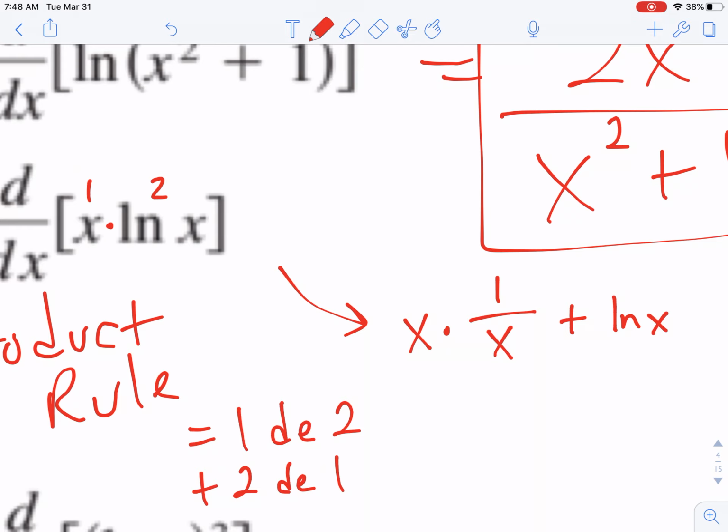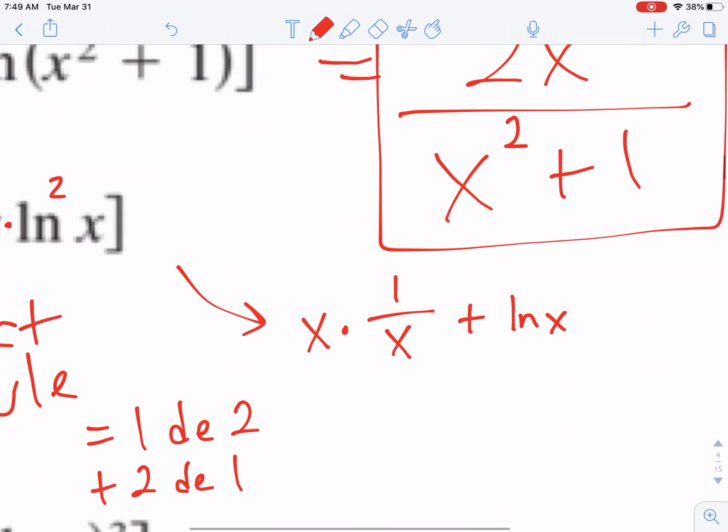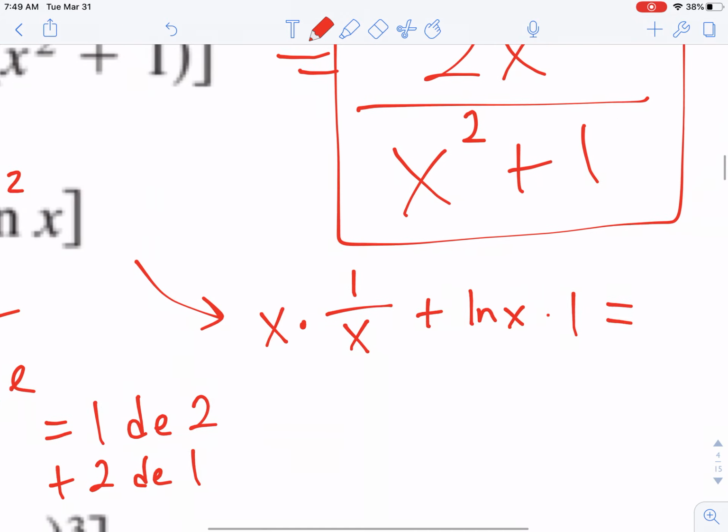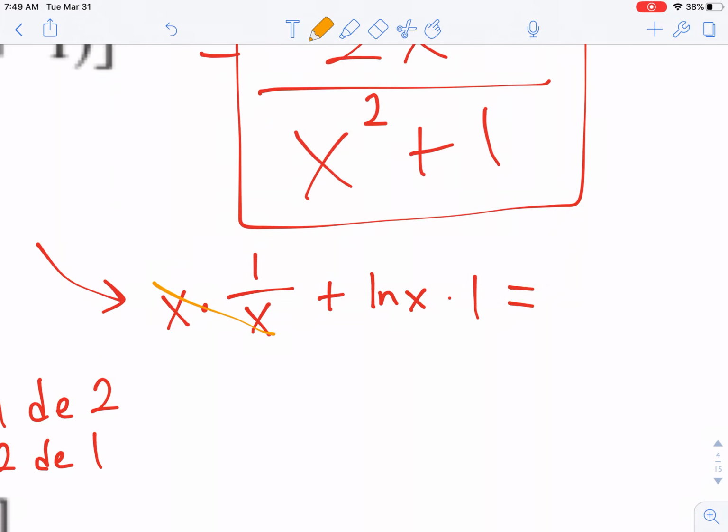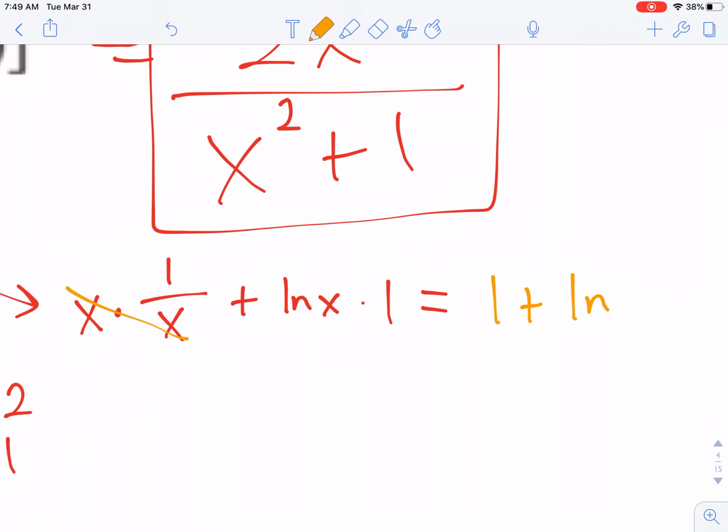Well, the first thing is x, so the derivative of that is just 1. And then you would just clean it up a little. These x's will cancel out right here, right? So you're just left with 1 plus ln x times 1 is just ln x. And that is your derivative, 1 plus ln x.